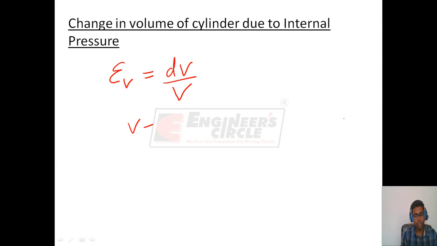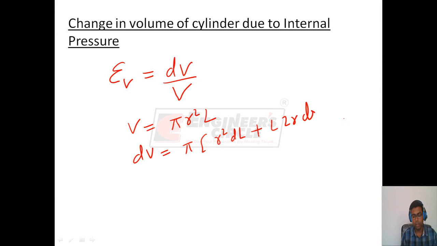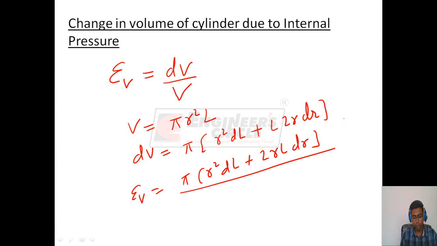The volume of cylinder is given as pi r square into L. Therefore, the differential change in volume can be written as pi into r square dL plus L into 2r dr. Therefore, we can write volumetric strain as pi r square dL plus 2rL dr whole divided by the original volume, which is pi r square L.